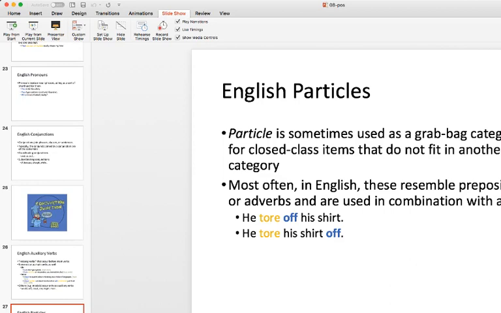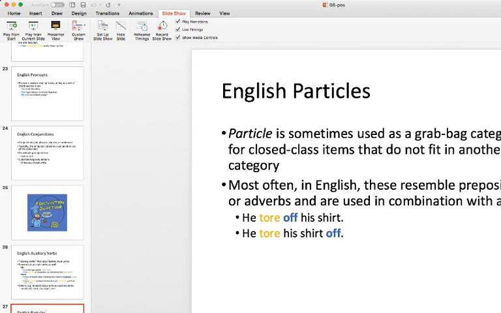Then we have particles. Sometimes you'll hear the word particle used as this kind of grab bag category for closed class items that don't fit into another category. It's very unsatisfying. Most often in English, what we call particles are words that resemble prepositions but act in unpreposition-y ways.